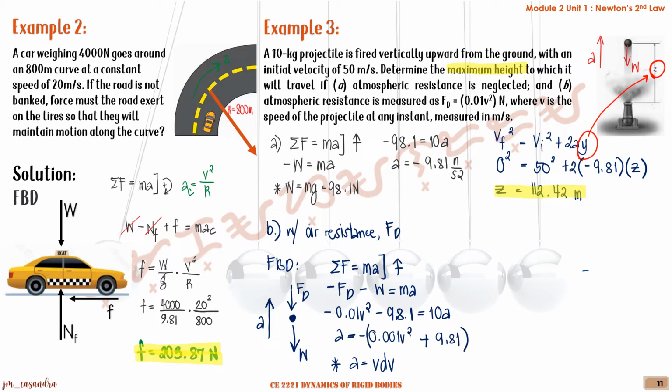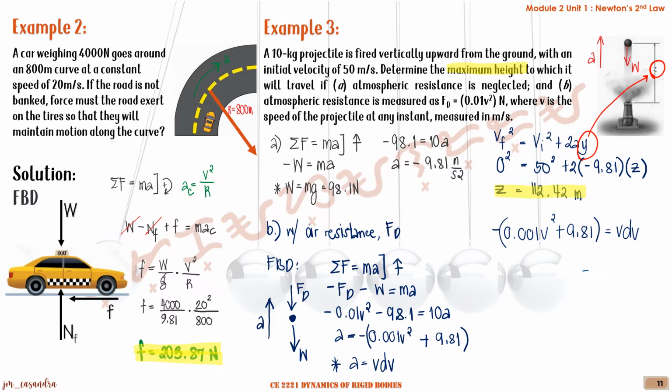So A is equivalent to velocity times the derivative of V. So equating now the two equations for acceleration, we now arrive at negative 0.001 V squared plus 9.81 equal to V dV.